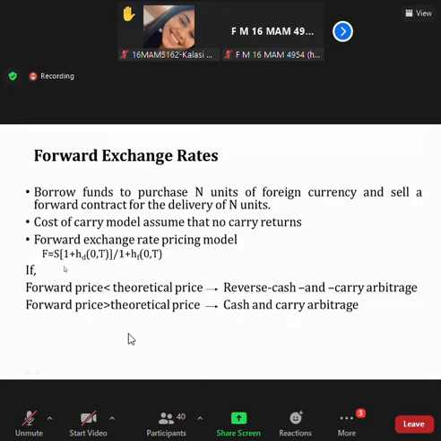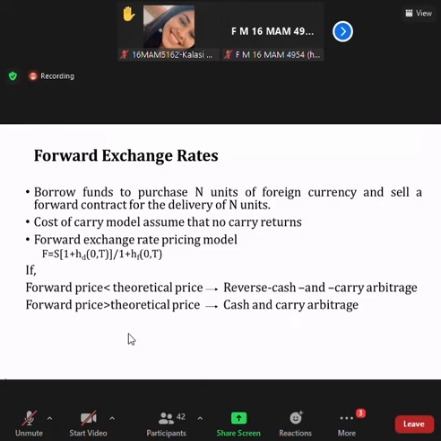S means the spot exchange rate, multiplied by 1 plus HD, the interest rate of the domestic country for the specific time period, divided by 1 plus HF, the interest rate of the foreign country. Forward exchange rate equals spot price multiplied by 1 plus interest rate of the domestic country divided by 1 plus interest rate of the foreign country.